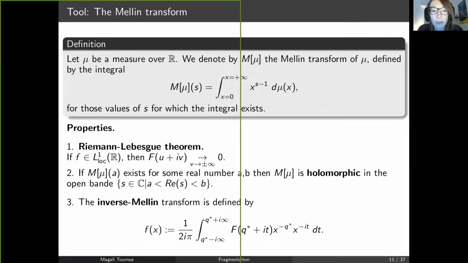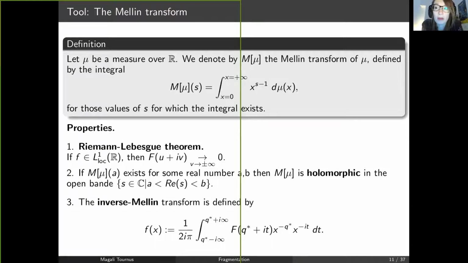So I will start with property 2. If the Mellin transform exists for some real numbers A and B for some measure mu, then it will exist on the compact set AB included in R. And it will also exist on the vertical strip delimited by A and B. So typically, Mellin transforms of measures or of functions are defined on a vertical strip of the complex plane.